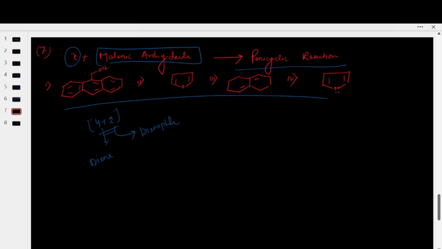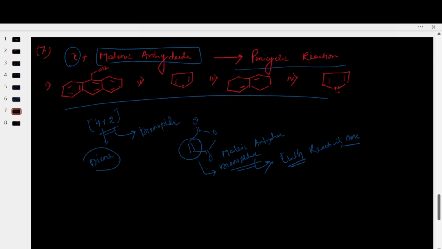So here you have to know whether maleic anhydride is a diene or dienophile. What is the chemical structure of maleic anhydride? Maleic anhydride structure is this. Here it contains 2 electrons, so it acts as a dienophile. And if a dienophile contains an electron withdrawing group, then the reactivity is more.